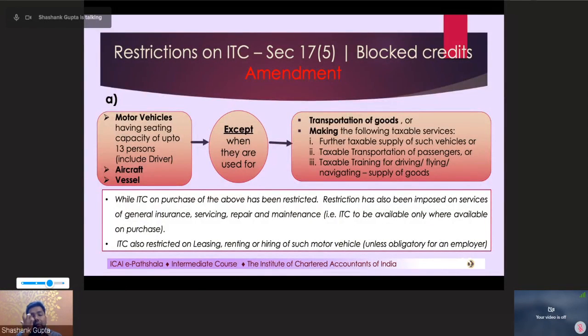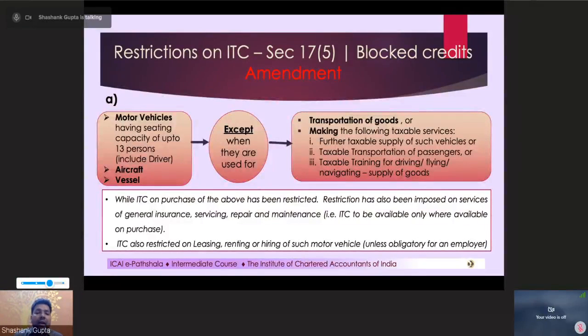Motor vehicle for transportation of passengers having seating capacity of more than 13 persons, that is 14 persons and above, entire ITC available. Where is the restriction? First, it has to be motor vehicle for transportation of passengers, plus the seating capacity should be up to 13 persons including the driver.